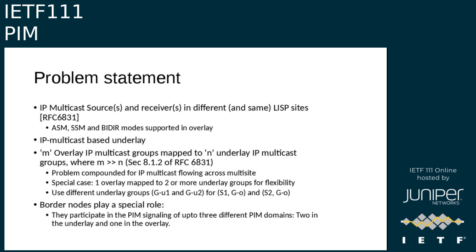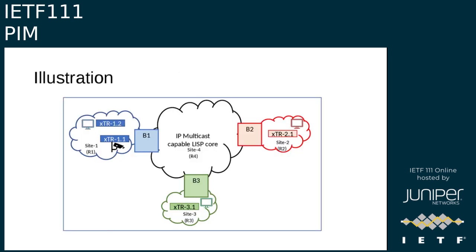Looking at this slide, if the source is inside site 1 sending to S1, G0, you want a join to be sent by unicast from B2 to B1, saying I want to receive S1, G0. Then we want B2 to be able to say I want you to use GU for encap in the core.